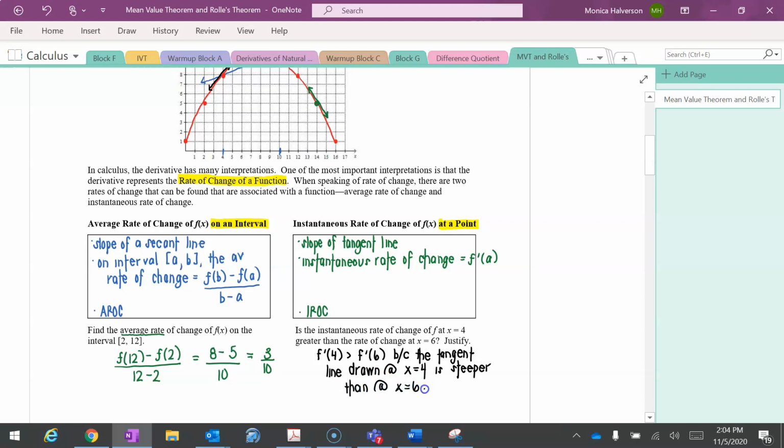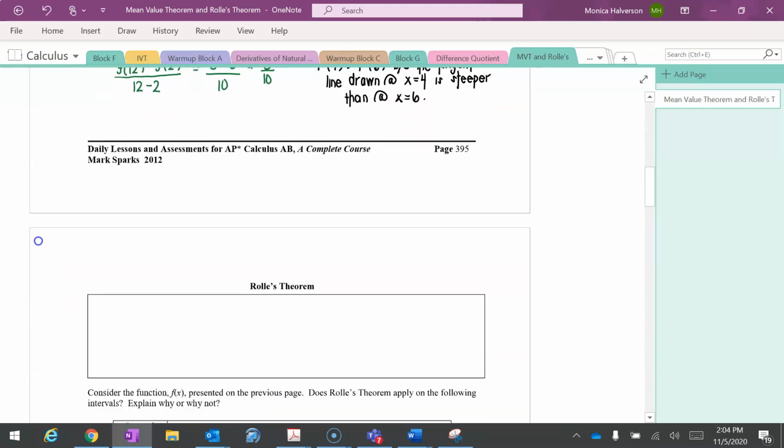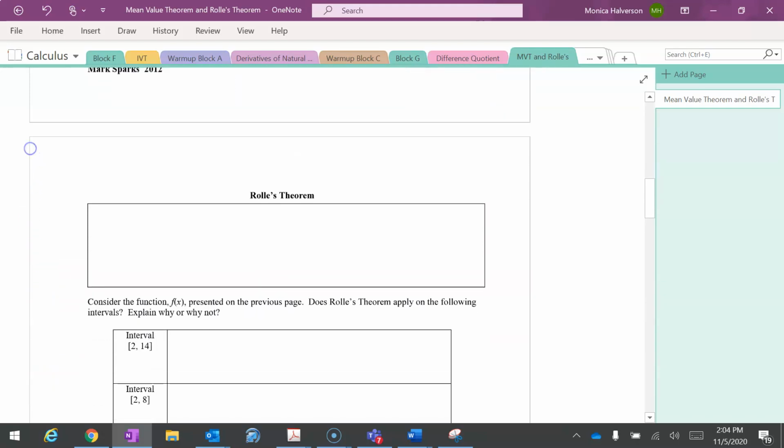So now that we can find the average rate of change and the instantaneous rate of change, we need to talk about the two theorems that are associated with this. And the first one is known as Rolle's theorem.